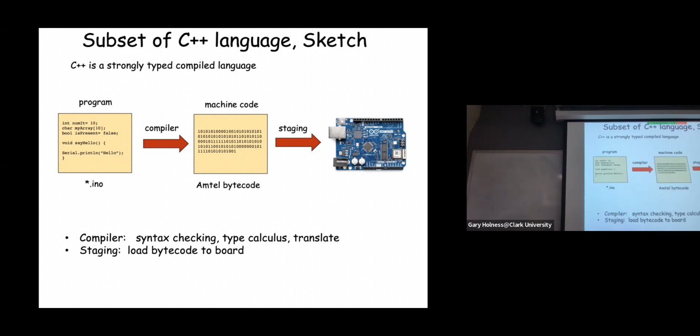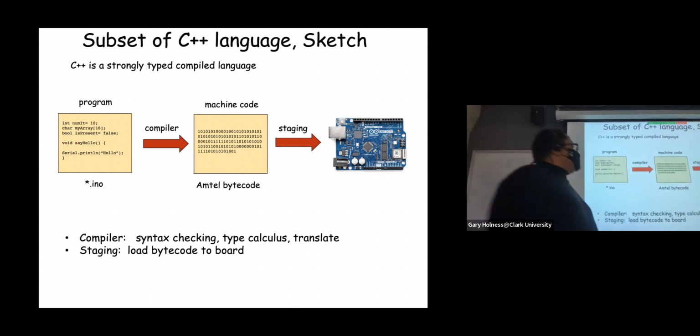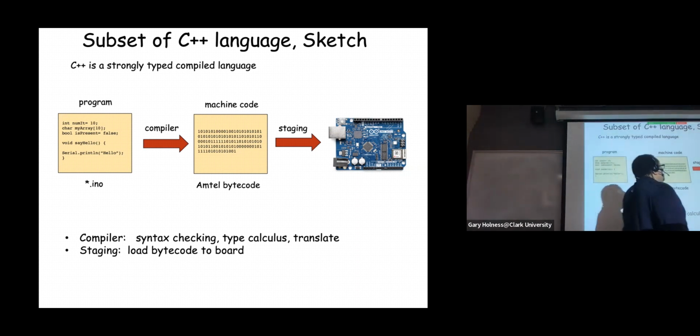At a naive level, you take your program written in Sketch, you run it through the Arduino compiler, it translates it to Atmel bytecode because it's the Atmel processor that runs the Arduino board. And then you perform staging, and that's the uploading of your bytecode to the processor board. And that happens through the USB A-B cable. And so this is very simplistic.